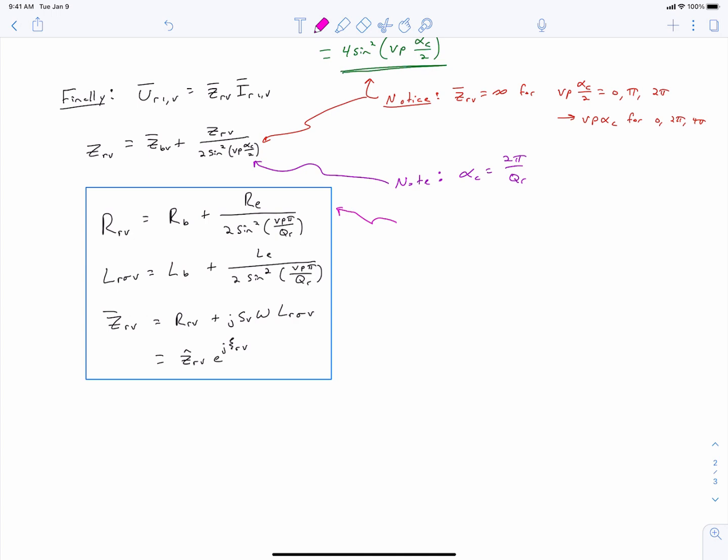The resistances, you can take a look at chapter 5. Resistances are fairly straightforward to calculate. DC resistance, and then you can consider AC resistance at different frequencies. So the fact of the matter is that we write this expression as if it's a DC quantity, but in all actuality, resistance changes with frequency, especially in a cage rotor where you have significantly sized rotor bars.